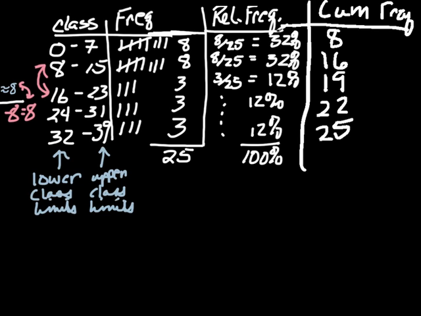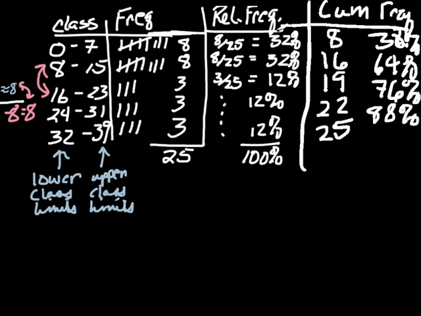Or if we have a cumulative relative frequency, it'd be 32%, plus 32% is 64%, plus 12% is 76%, plus 12% is 88%, plus 12% is 100%. And so a cumulative frequency keeps track of what you have as you go along through a set of data.